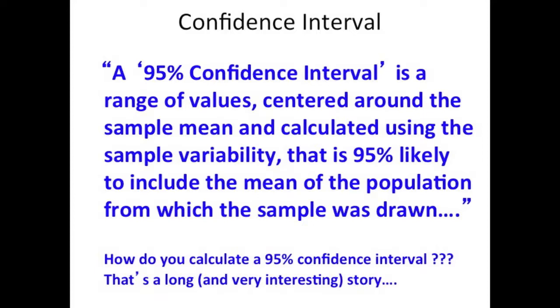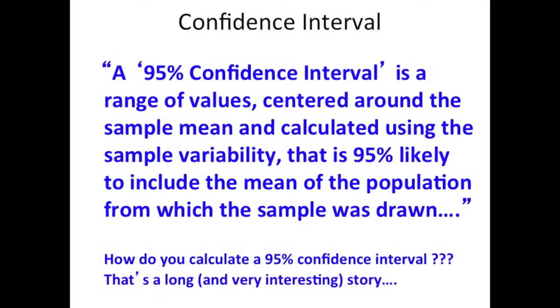If I move 1.96 standard error units away from my mean, above and below, I have the 95% confidence interval. I am 95% confident that the population mean from which I drew my sample is in that range of values.